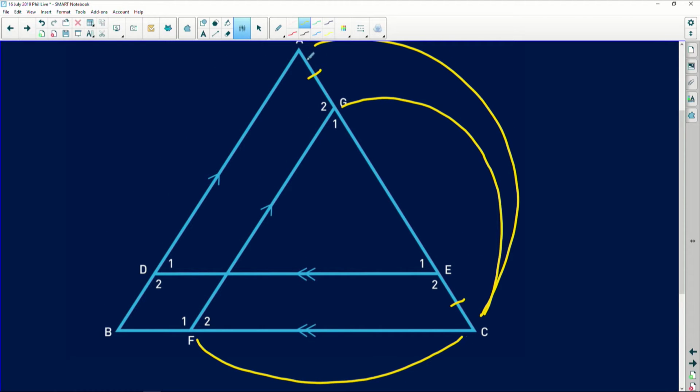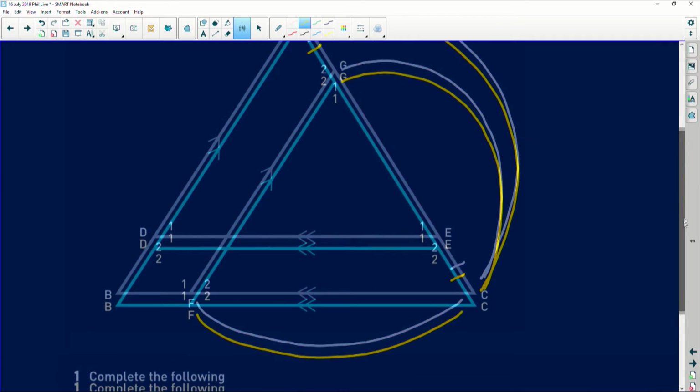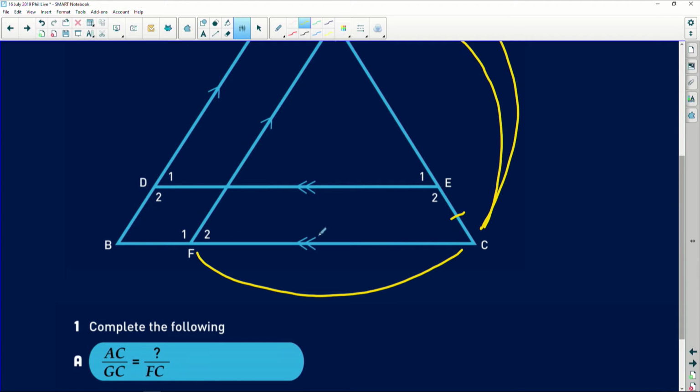So we had long side, or the complete side of the triangle, over a chopped off side by the parallel line. So now we need to correspond with this triangle. So we've got long side, shorter side, and then on this length, BC, we've got the shorter side. So the long side that corresponds is BC. So we're going to have BC over FC.